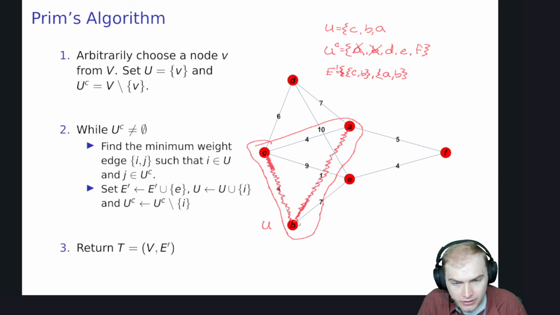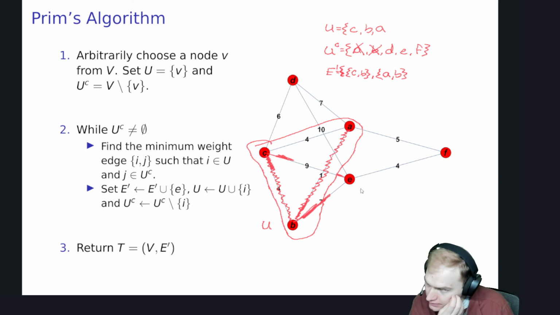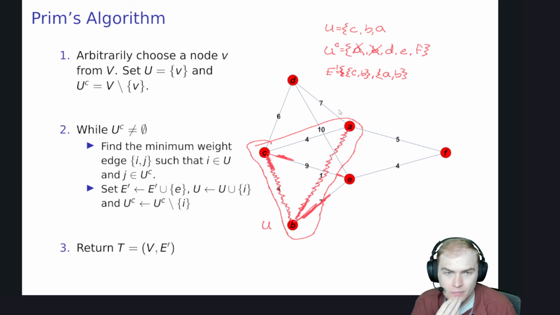So we have to pick from this edge that connects to E, which is outside the set, this edge, or this edge.